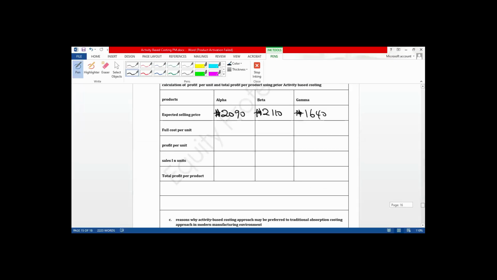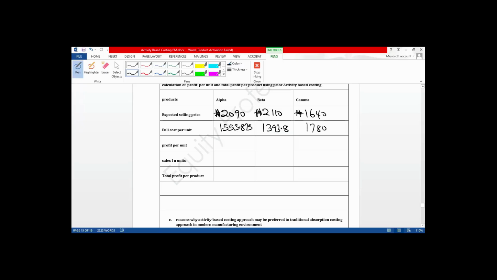So under activity-based costing, for alpha, the cost is 1,553.875. Cost here is 1,780. Cost here is 1,393.8.